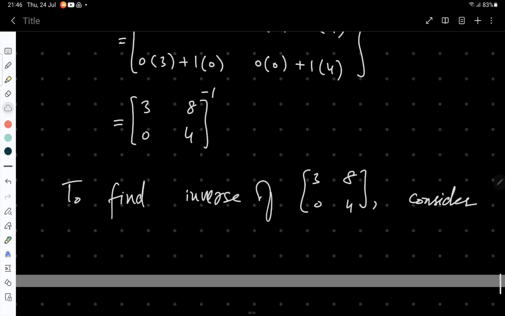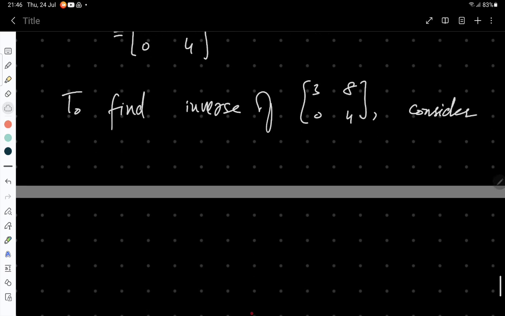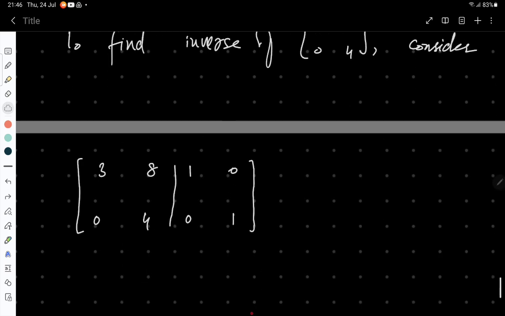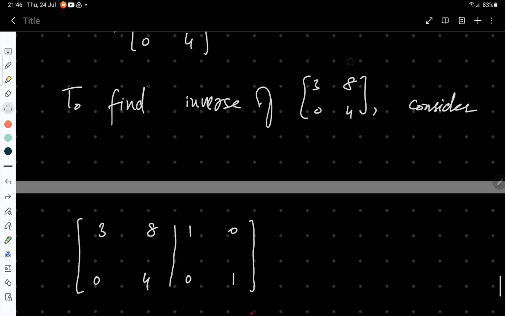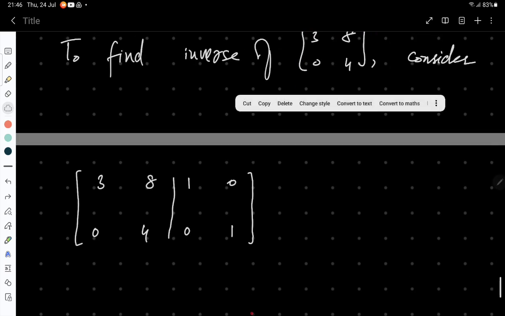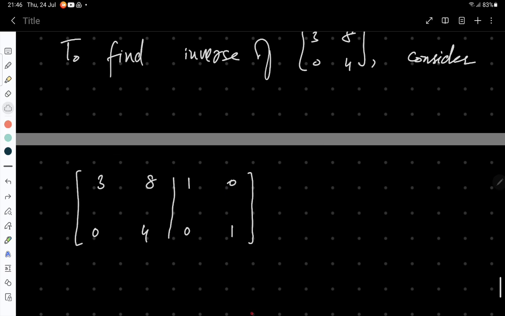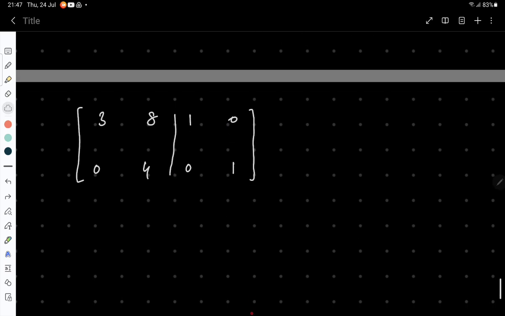To find the inverse of this matrix, we have to consider an augmented matrix here. I have written this matrix and the identity matrix. My aim is to make here 1 and then to make here 1.